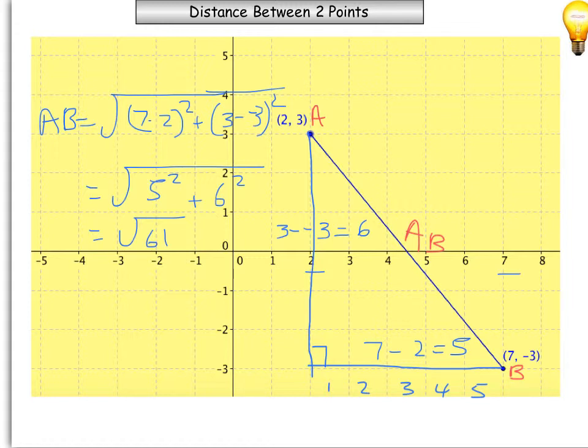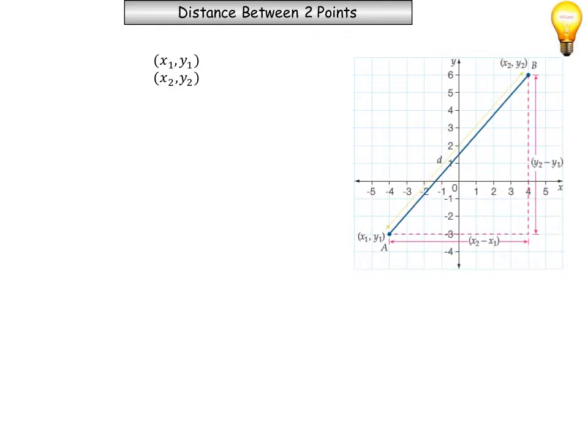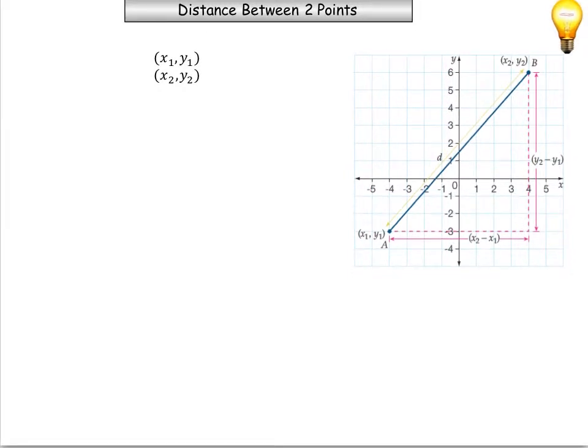Okay, so the point to remember here is that we're finding the difference between the x-ordinates and the difference between the y-ordinates. Right, we need to find this in general form, so we want to find an equation so that we can use it for any 2 points. If we have the point A, which we can see in the diagram on the right hand side here, it has the coordinates x1, y1.